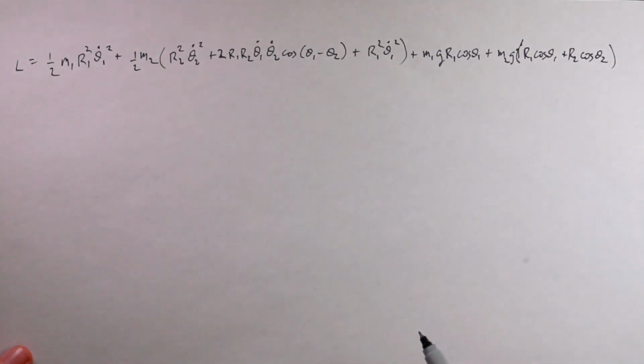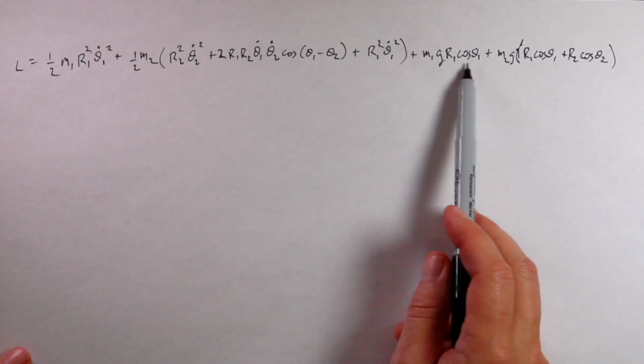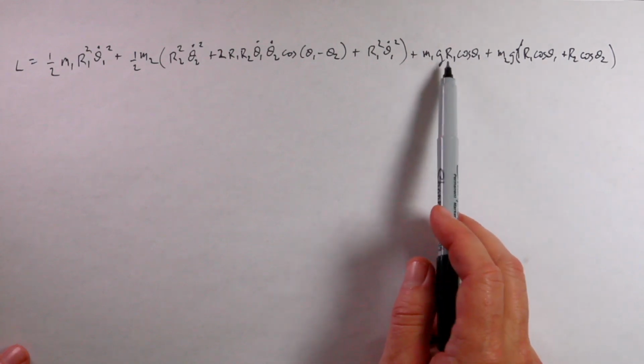Whew! That's my Lagrangian. I can simplify this some because here I'm going to get 2 cosine theta 1, r1 cosine theta. I can add those two masses together, so that makes it a little bit simpler.